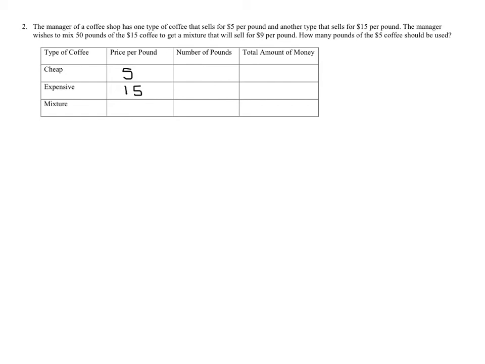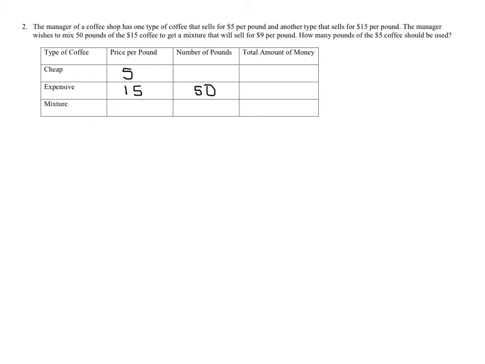A manager wishes to mix 50 pounds of the $15 coffee. So I'm going to write 50 pounds here. So as I read, I fill in what things are. I try not to get overwhelmed about what things are. I just kind of go, well, what was that representing and where should it go in my table?